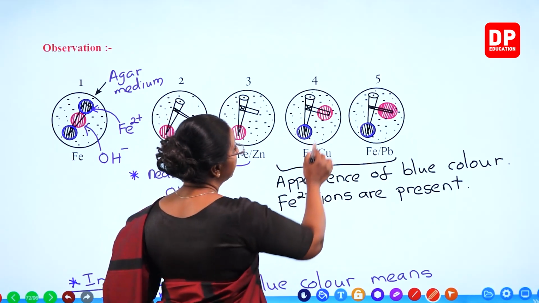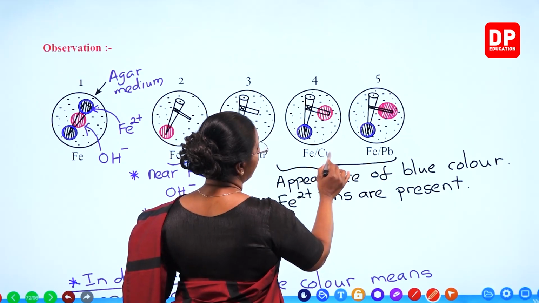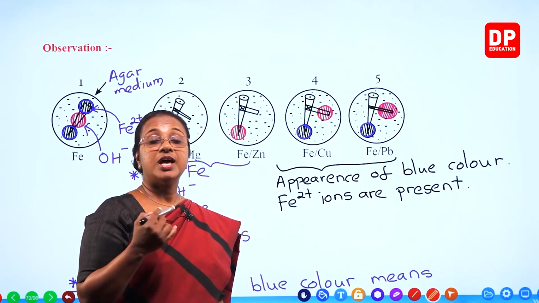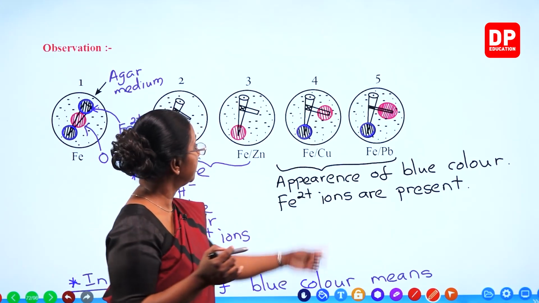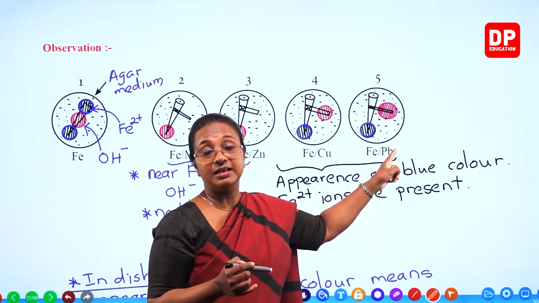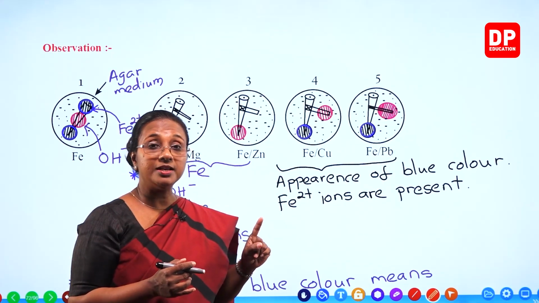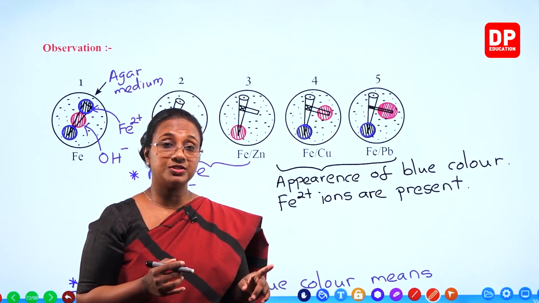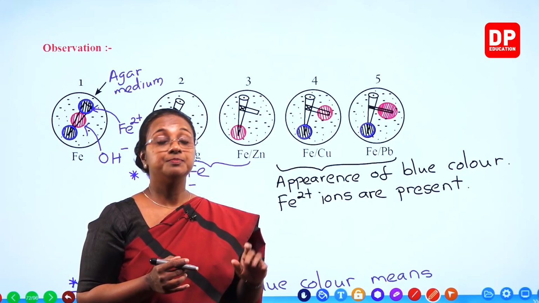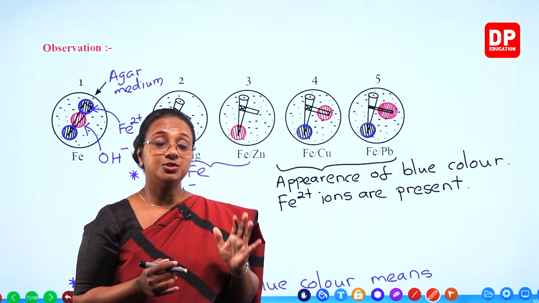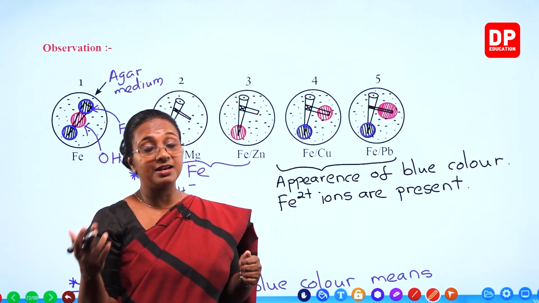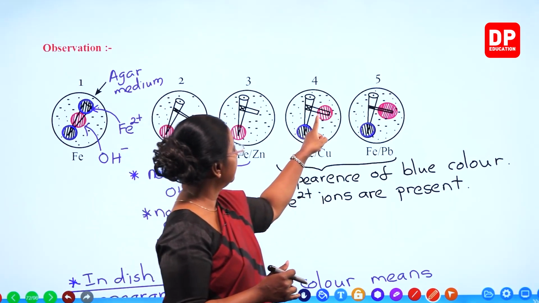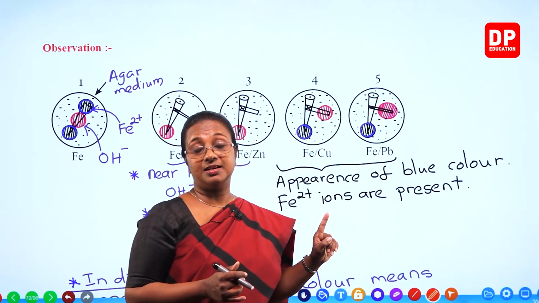At the same time, you can see pink color near copper and pink color near lead. So there are OH minus ions formed near copper and lead. And OH minus forms due to the reduction of water and oxygen with electrons. Both water and oxygen together take up electrons and get reduced to form OH minus ions. That happens near copper and lead.